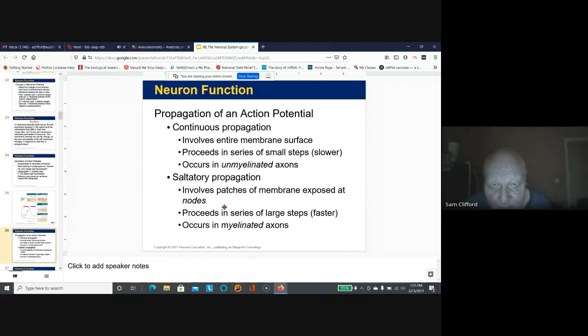So there are 2 types of propagation. How does this wave move down the nerve? Because every time I move my hand and click on the buttons, there are messages sent to certain muscles to contract. Some conduction will be without myelin, and some will be with myelin.